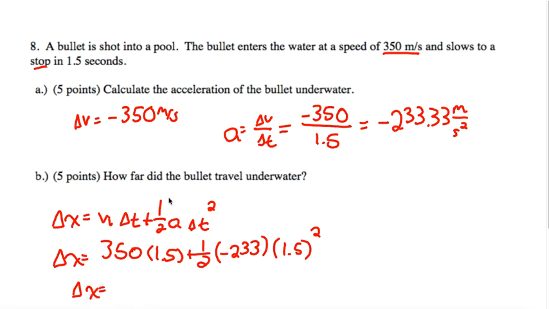Okay, so 350 multiplied by 1.5 will give you 525. On the second half of this equation, make sure you are squaring this first, square the 1.5 first, and then multiply across.